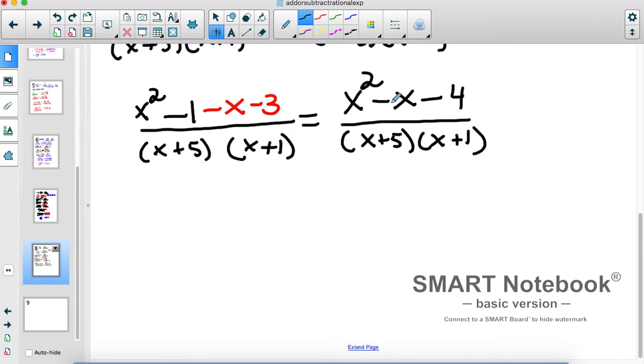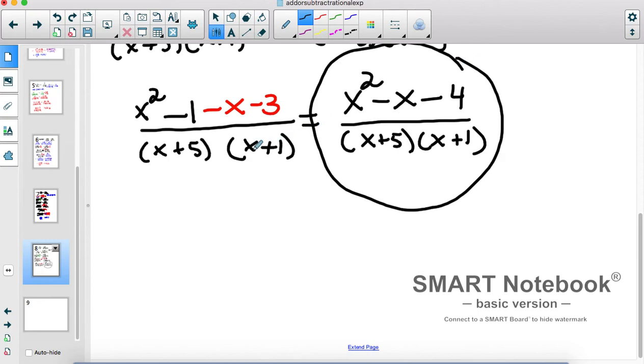So I don't think this is factorable because factors of 4, 2 and 2, but that's not going to add to negative 1, right? And then if we do 4 and negative 1, that doesn't add to negative 1. Or if we do negative 4 and 1, that doesn't add to negative 1. So actually, this is our final answer.